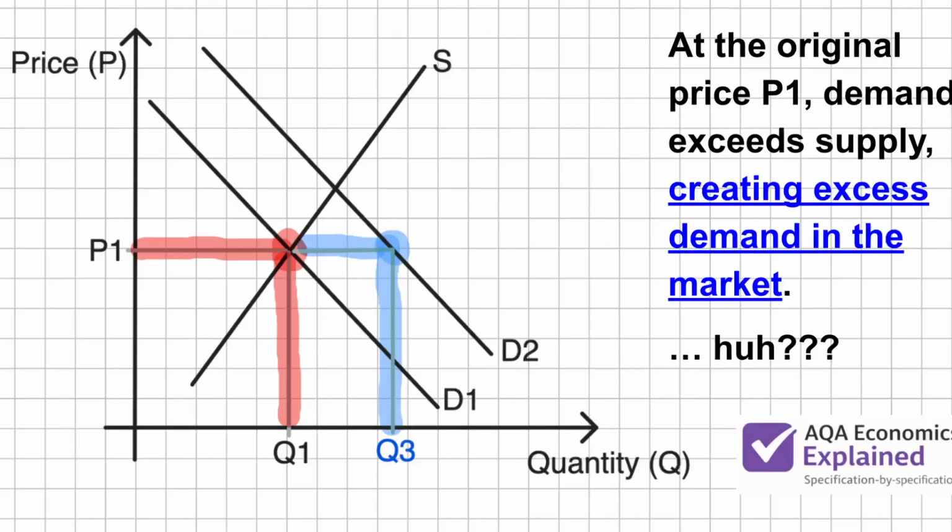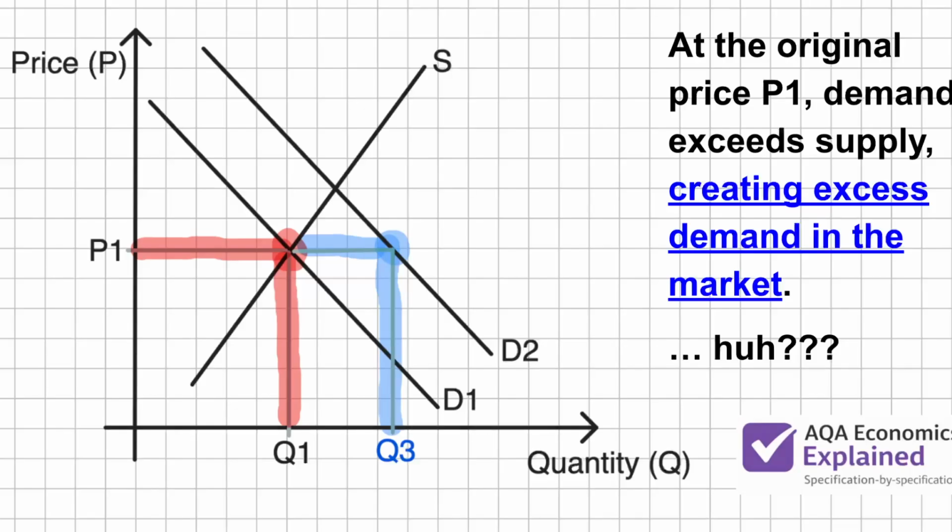On the diagram, that higher quantity is shown here as Q3. Meanwhile, quantity supplied at P1 is still Q1, because supply has not changed. This gap between Q3, which is quantity demanded, and Q1, which is quantity supplied, is what we mean by excess demand.